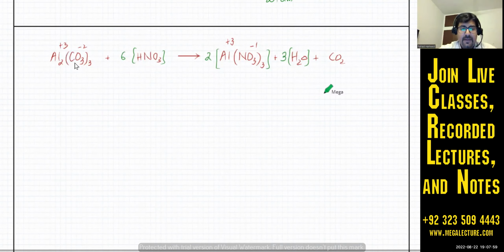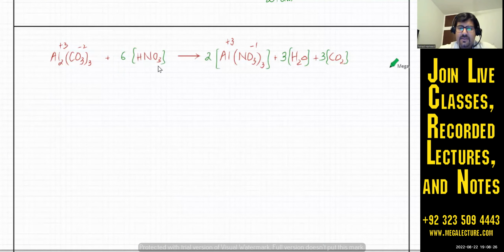Carbons, how many carbons do I have? Inside the bracket I just have 1, and the bracket is multiplied by 3, so that means 3 carbonates. So that's 3 carbons. So I'm going to multiply this by 3. Anyways, if you balance the easy ones, the difficult one automatically gets balanced. How many oxygens? That's 9. How many oxygens over here? 6 into 3, that's 18.